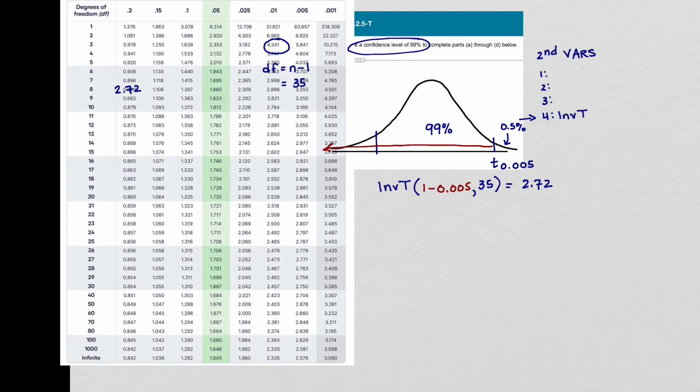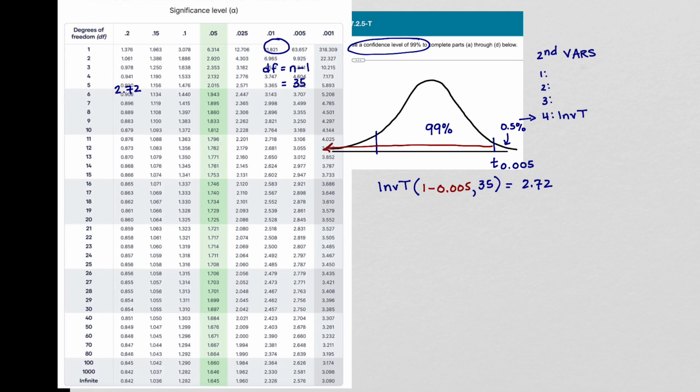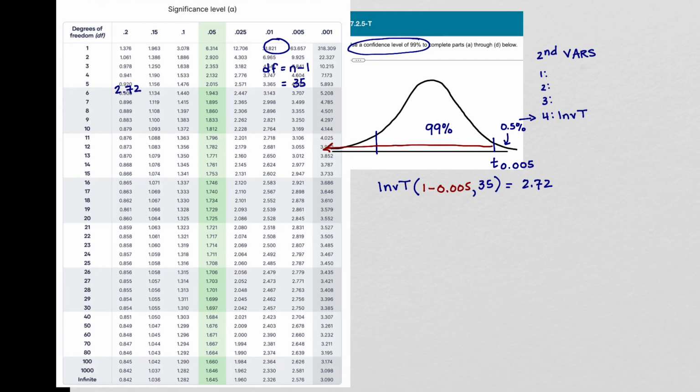So let's scooch this down. And we wanted the second to last column, 0.005. And so what I see here is that I don't have 35 degrees of freedom. I have 30 and I have 40. So when you have to choose between those, you go with the smaller one. And then we're going to go across here and get 2.75.